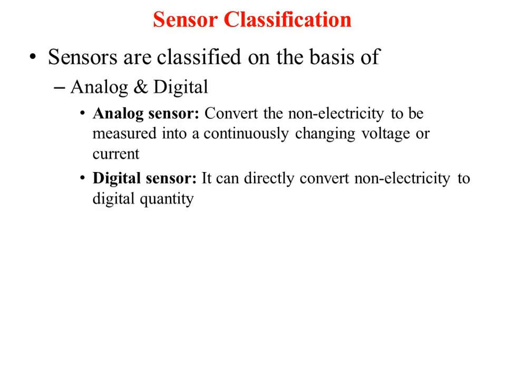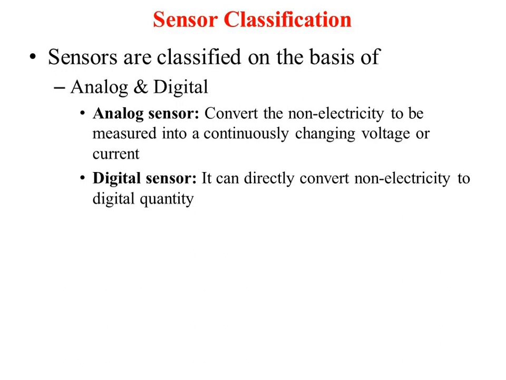Then the next classification is analog sensor as well as digital sensor. If you convert the non-electrical measurand into a continuously changing voltage or current, then we call it an analog sensor. That means if the output of the sensor is analog, you simply call that sensor an analog sensor. And there are some sensors which will directly convert your sensed parameter into a digital quantity, that is in the form of 0 and 1.